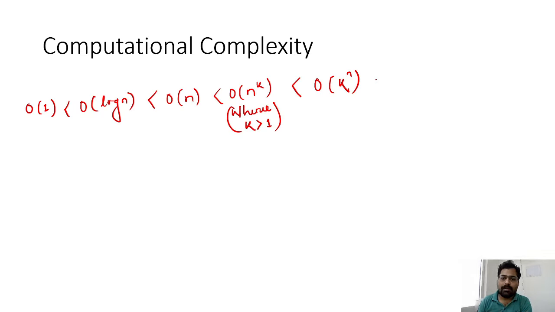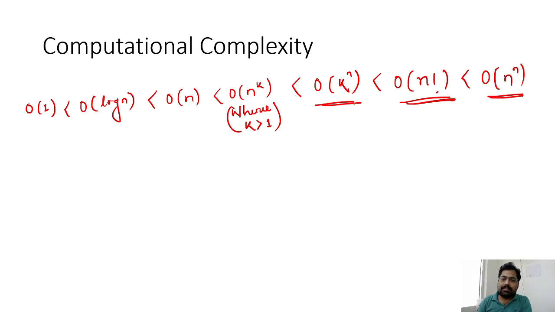Then n factorial. Next we go to n to the power n, which is considered super polynomial for us. This is super polynomial, this is factorial, and this is k to the power n, where k is constant here and n is the variable. Clear? So k is constant. I must write this: k is constant.